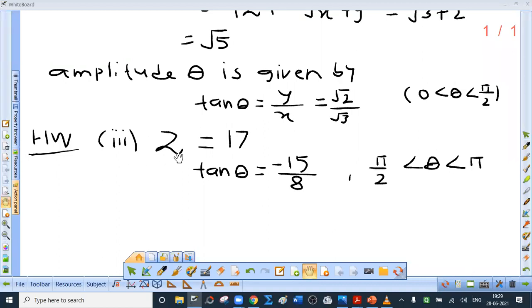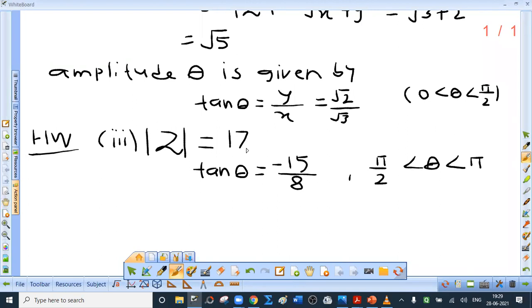Third is for homework. Actually, I should say modulus of z. The complex number is minus 8 plus 15i. So mod z is root of 64 plus 225. That is root 289. That is 17. Tan theta is minus 15 by 8. Let me explain. z is actually minus 8 plus 15i.